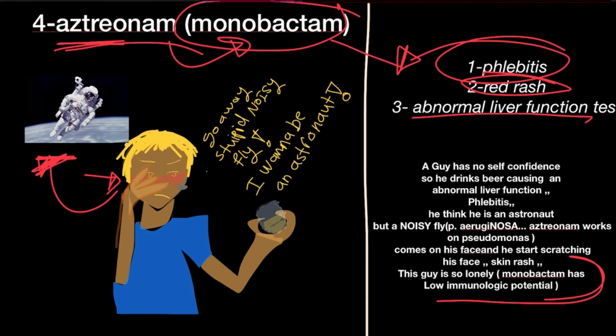And what else? Well, a noisy flight, noisy, Pseudomonas aeruginosa. So this tells us that monobactam is active against P. aeruginosa. And the guy started scratching, so this again can remind us of the red rash.